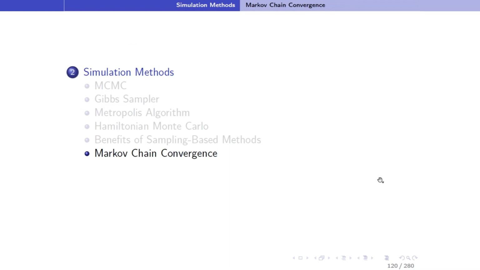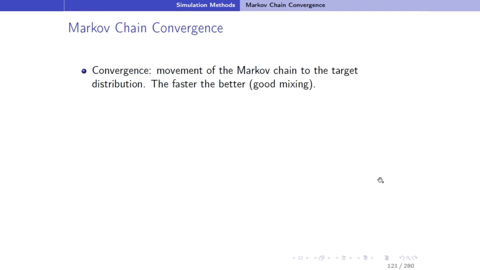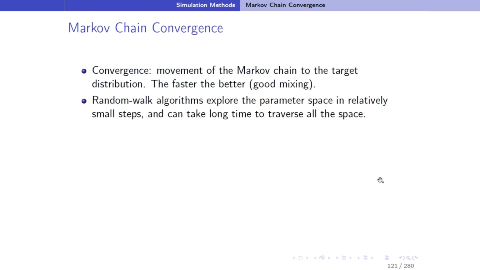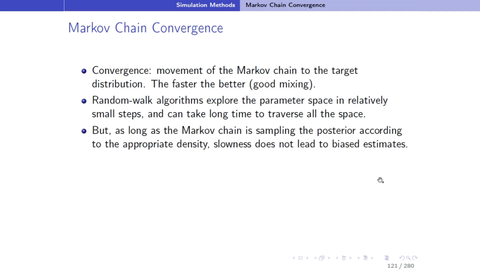The last thing I want to talk about is Markov chain convergence, which is an important aspect of it. Convergence just means that the Markov chain needs to get to the target distribution, stay there, and sample in proportion. And of course, the faster the better. It's called good mixing.